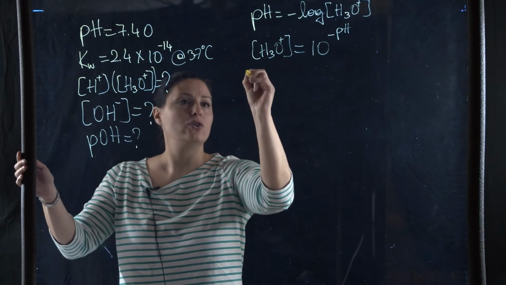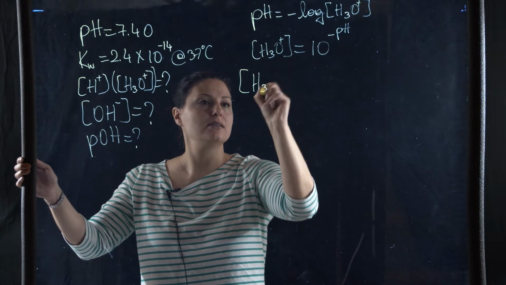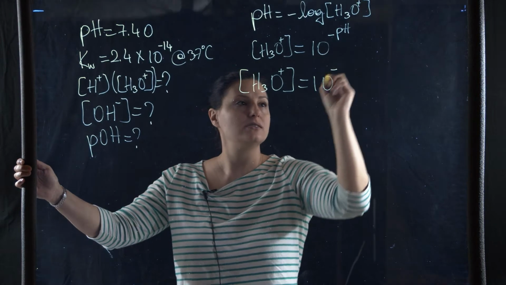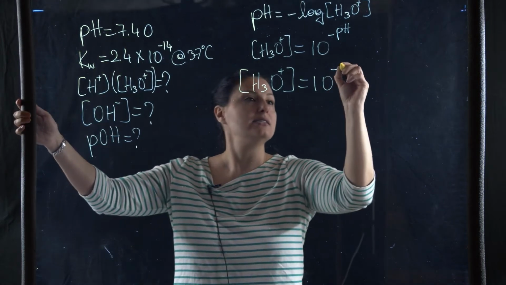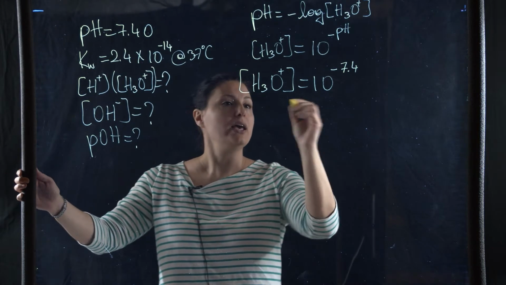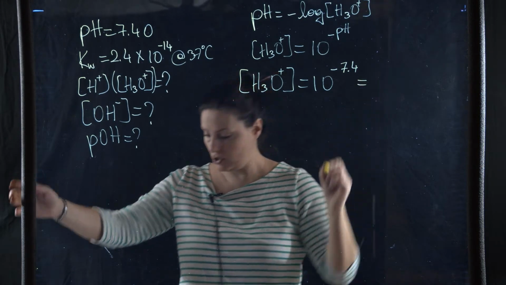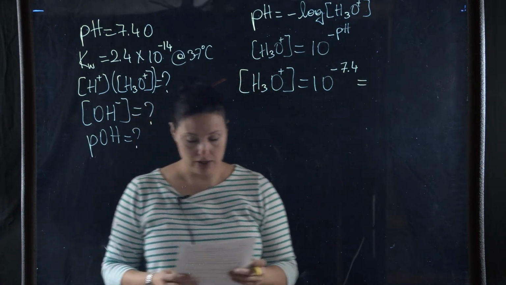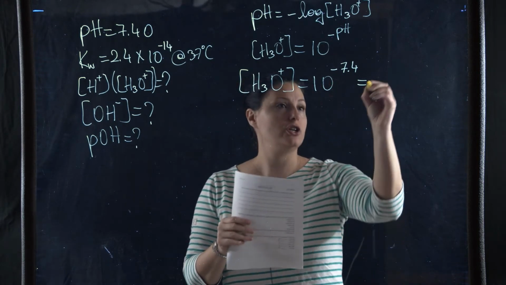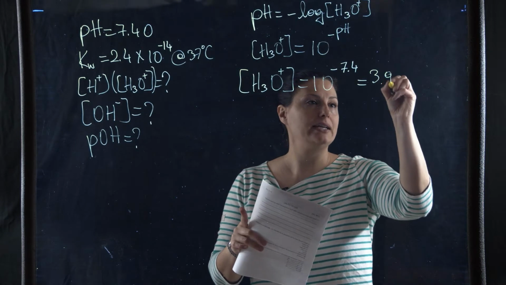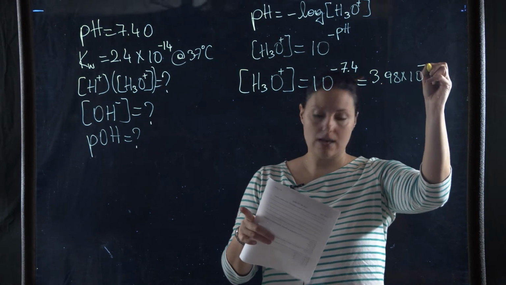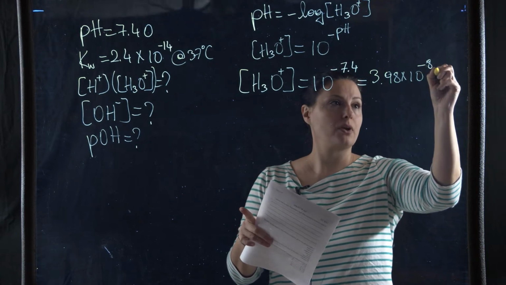So let's calculate that. H3O plus is equal to 10 raised to the minus 7.4 value for the pH. If you do this calculation correctly in your calculators, you should get a concentration of 3.98 times 10 to the minus 8th molar.